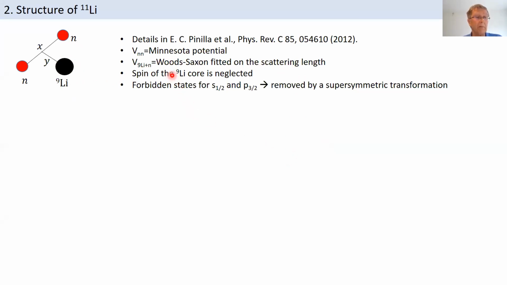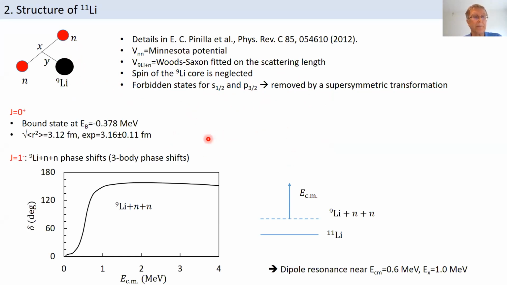As is usual, the spin of the core is neglected. And in this interaction, lithium-9 plus neutron, there are forbidden states for L equals 0 and for P3/2, and these are removed by a supersymmetric transformation of the potential.